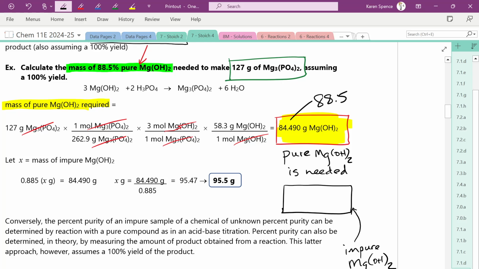So I've got this sample and it contains 84.5 grams of MgOH2. And then we have some other amount, which is just junk. Yes?